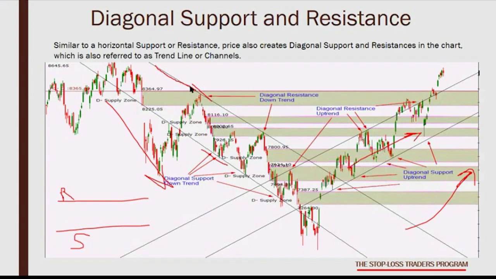All these are monthly support and resistance areas. I have drawn the most important support resistance on the chart, and I have marked it in red or pink color, all these SRs.